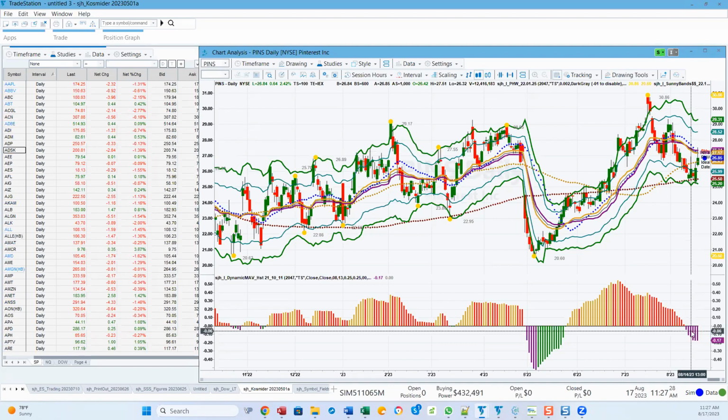Purple is on top, and on the histogram on the bottom, you can see the purple lines are showing below the 0 line. This tells me that we've got more room on the downside. So it hits the flat DMA here. Chances are at this level, it would go on down farther.